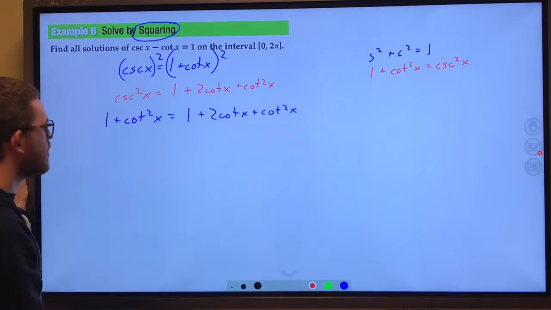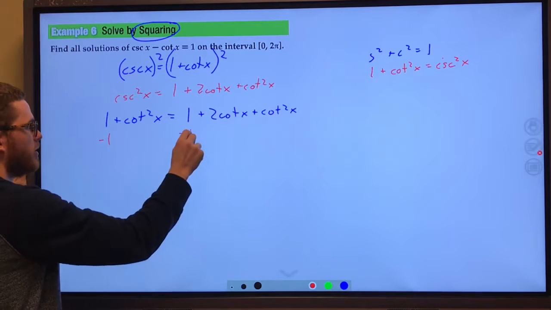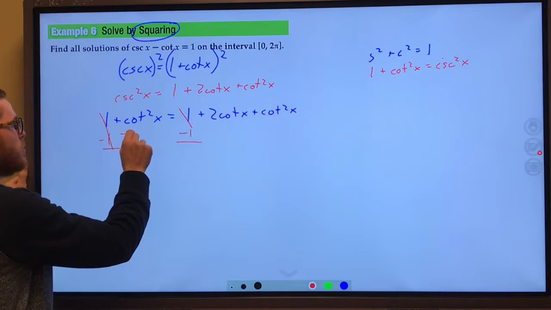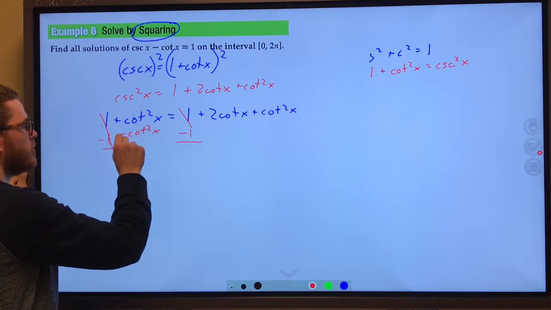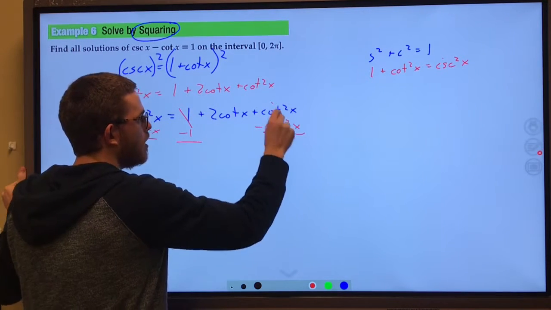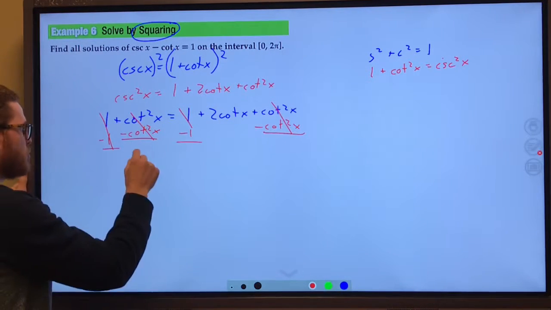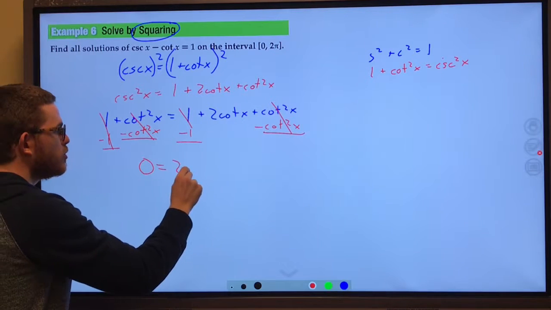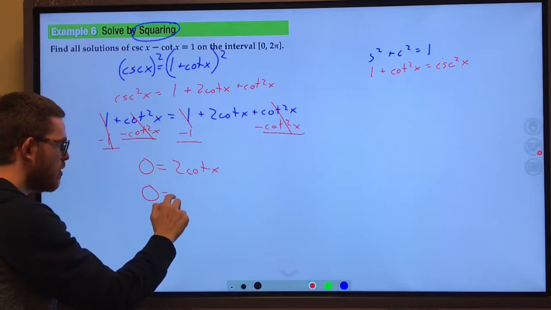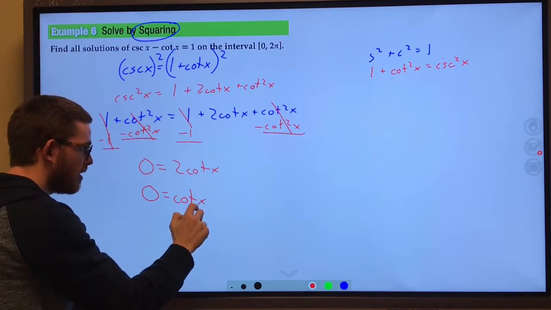Okay, now we're working here. If we subtract 1 from both sides, those 1's are gone. If we subtract cotangent squared x from both sides, those are gone. We're left with 0 equals 2 cotangent x. Divide by 2, 0 equals cotangent of x.